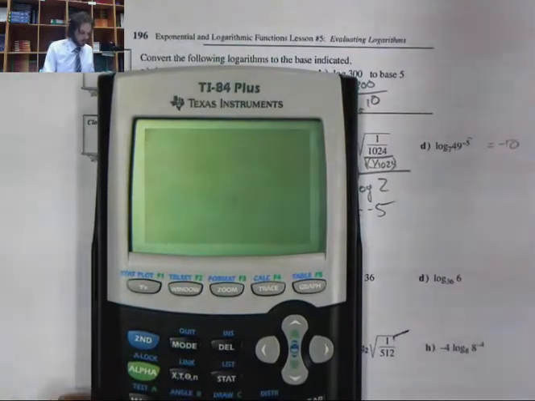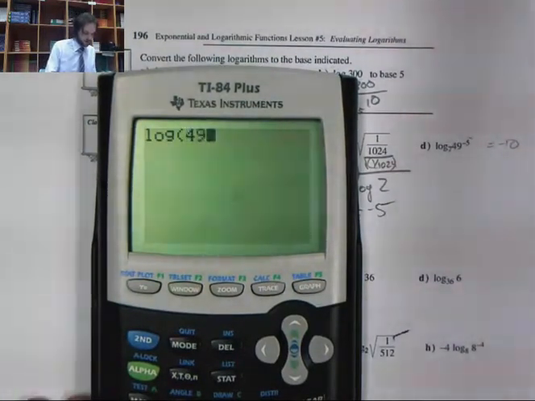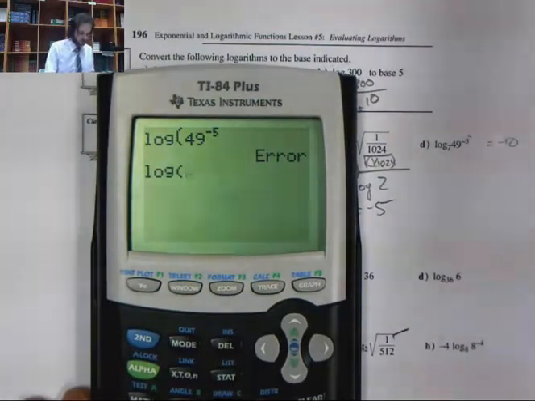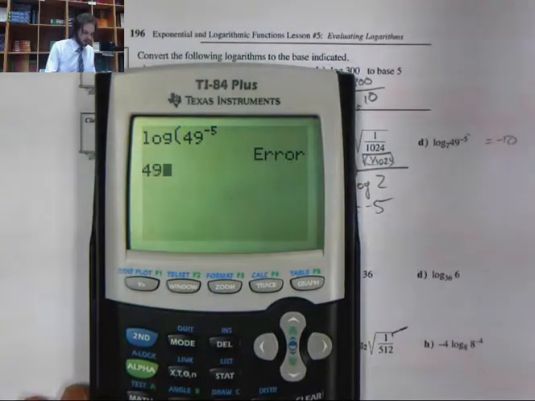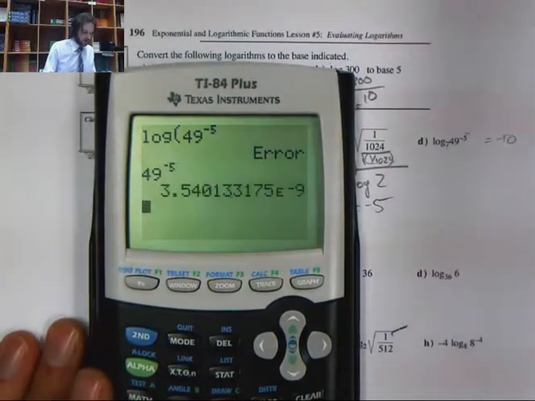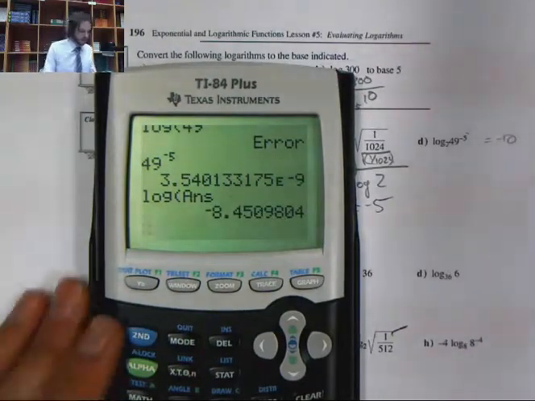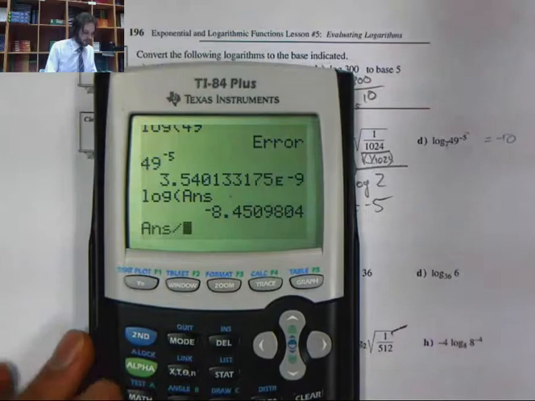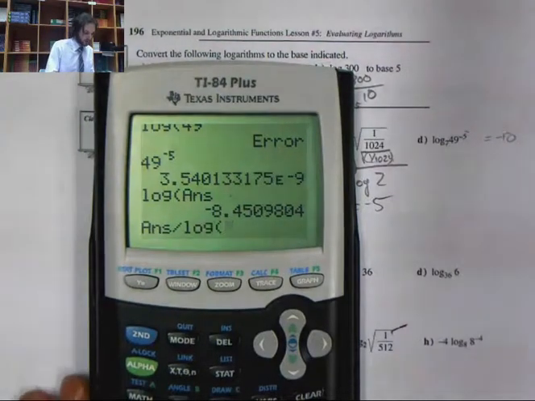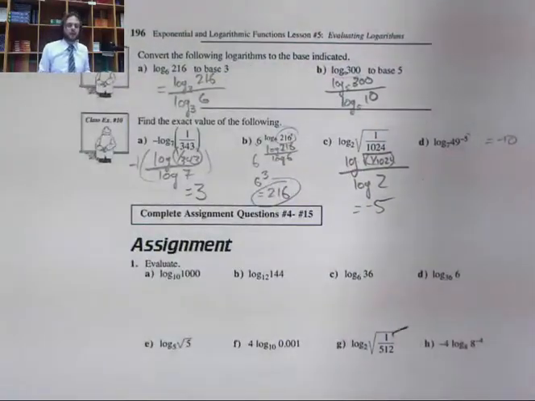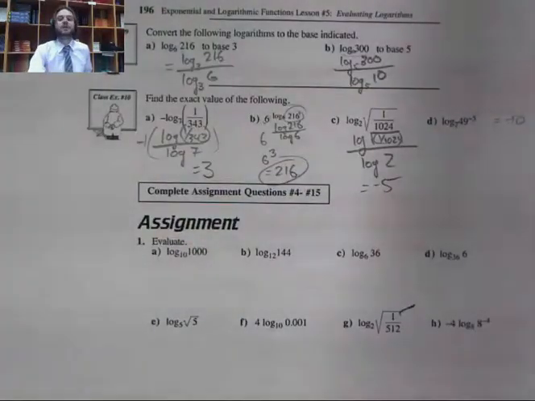Oops, sorry, I made a mistake here. Let's go 49 to the power of negative 5. Enter. And we're going to log that, and then divide by log 7. I get negative 10, exactly what we got there. See how I did that? Hopefully you understand this. Good luck, and I'll see you tomorrow.